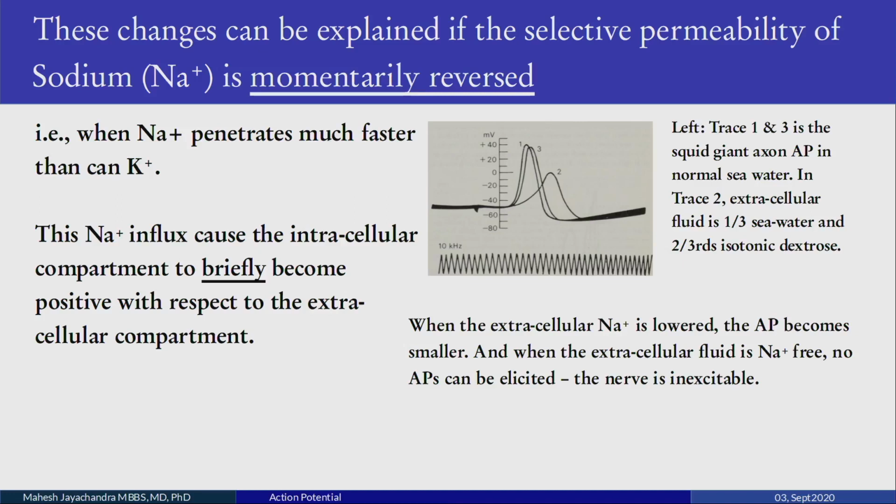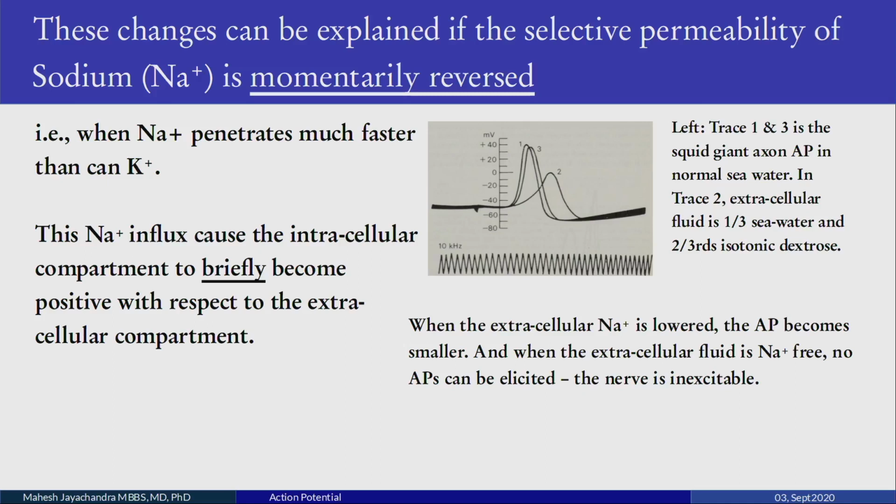Looking at their actual data, and some of their data is still unrivaled in its clarity, you see traces. Trace 1 and 3 is the action potential of the squid giant axon in normal seawater. In 2, 1/3 of the outside sodium has been replaced with isotonic dextrose, and you see the action potential is much smaller. 3 is when you replace it back, and then it comes back to normal.